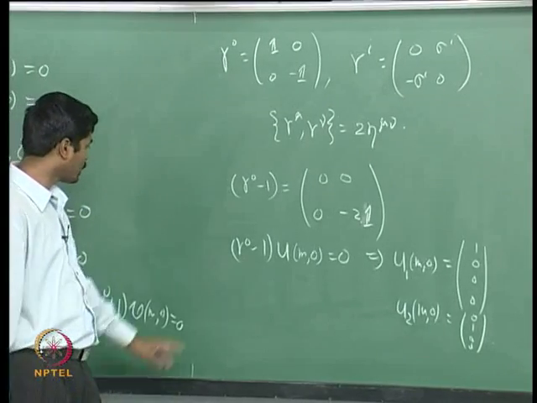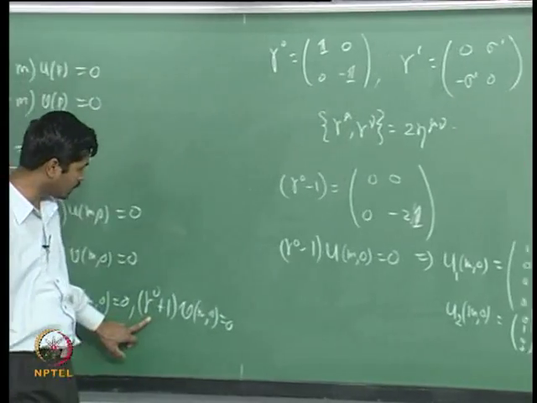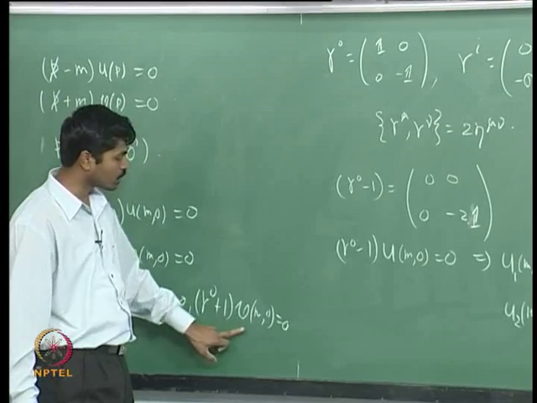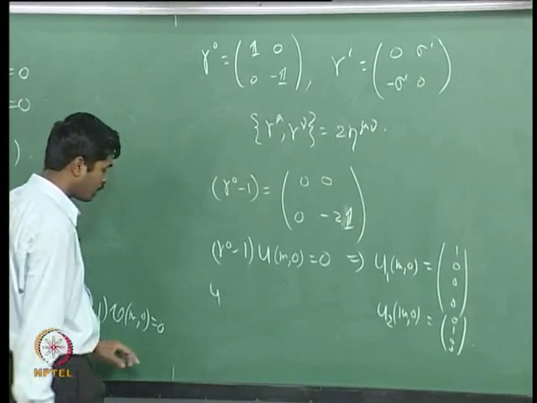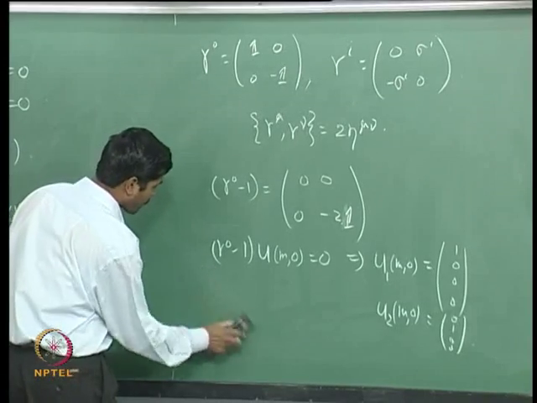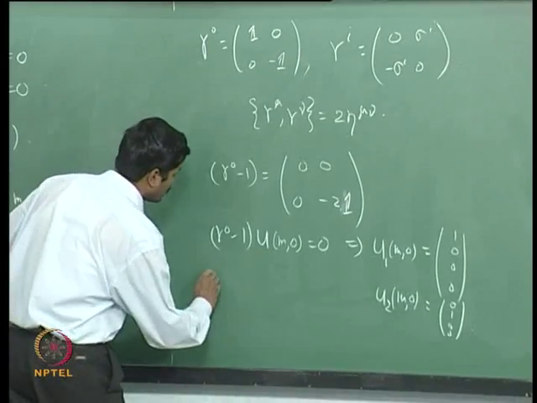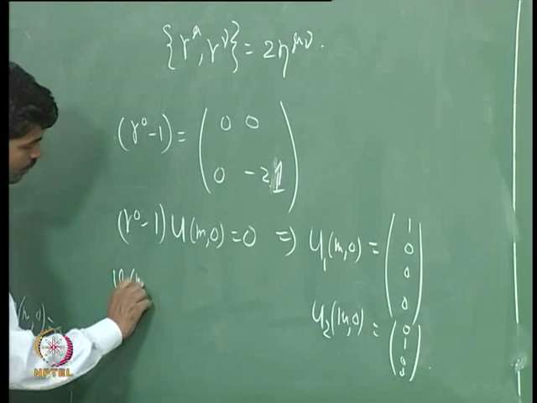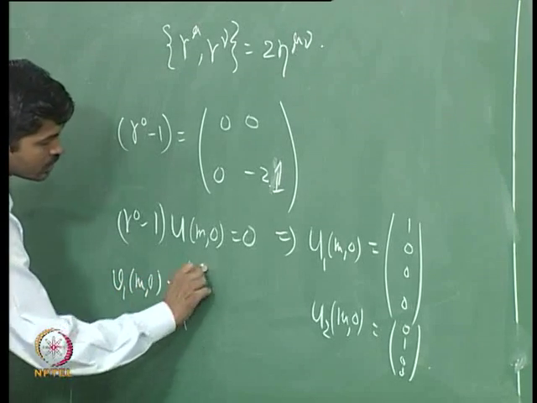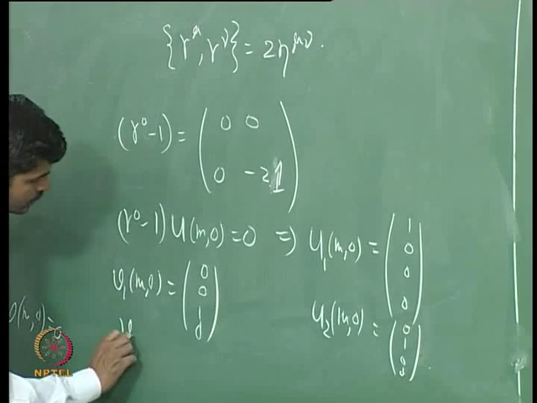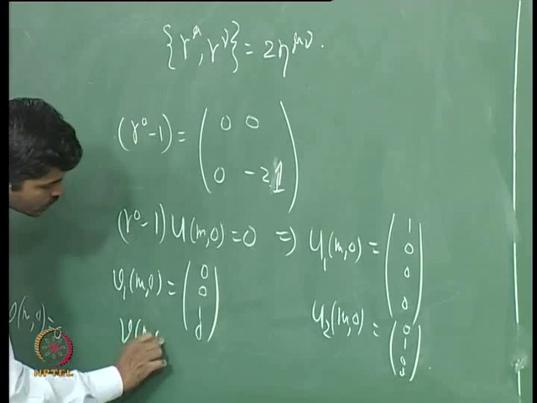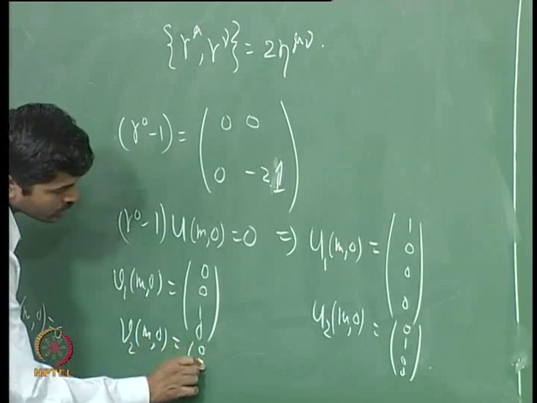Similarly, you can solve the other equation, (gamma 0 plus 1) v equal to 0. Again, there will be two linearly independent solutions for v, which are given by v 1 of (m, 0) equal to (0, 0, 1, 0) and v 2 of (m, 0) equal to (0, 0, 0, 1).